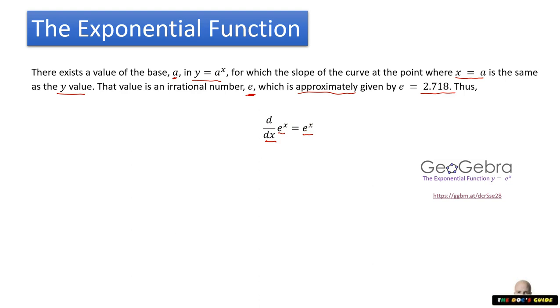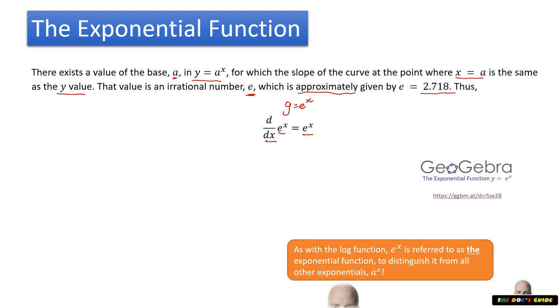So for the curve, y equals e to the x, sorry about my writing there, for that curve, y equals e to the x, then the differential of e to the x is the same as e to the x, which is a very important property. Now, just as with the log function, we talked about log base e as the log function, then e to the x is called the exponential function because there are a whole family of exponentials, a to the x.